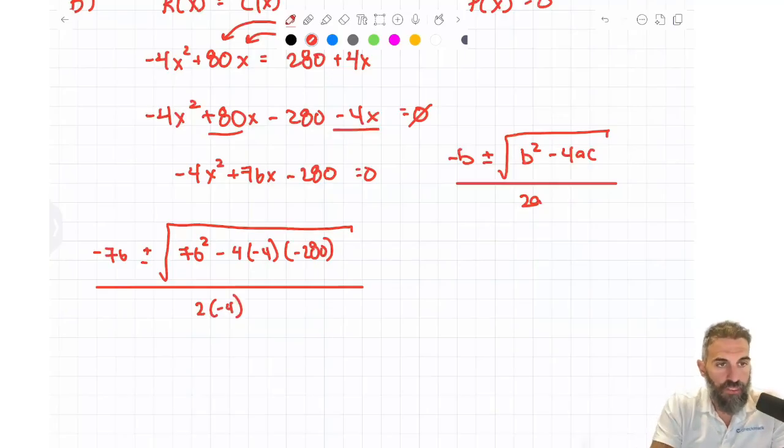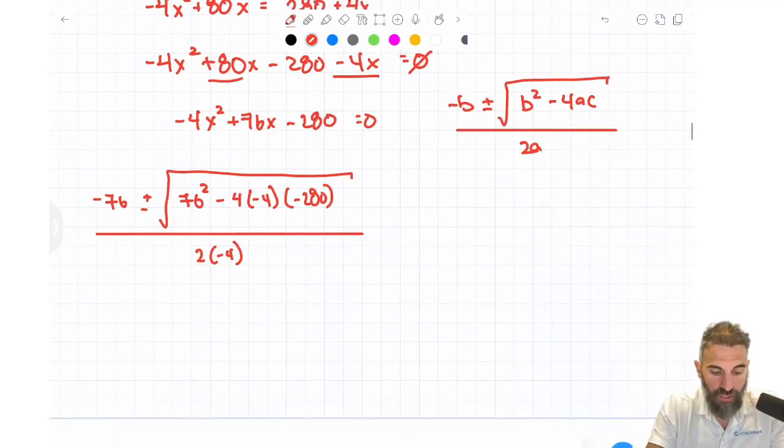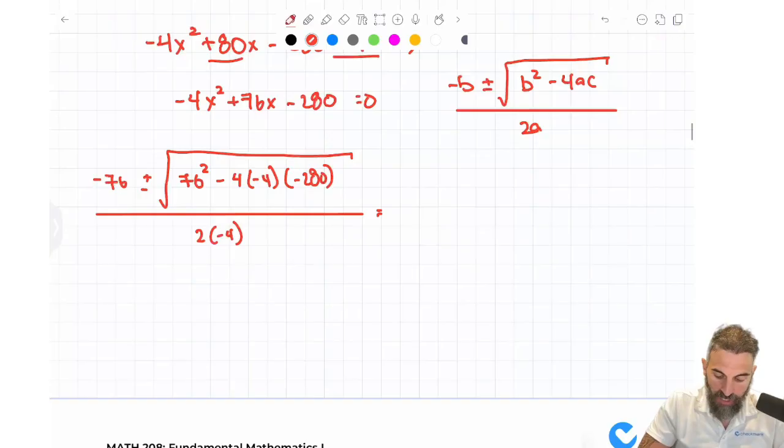Great. Let's start with inside the square root, so 76 squared minus 4 times negative 4 times negative 280. 1296, and then we're going to square root that. 36. Okay, it just makes it easier to do it one bit at a time. So now I have negative 76 plus or minus 36 over negative 8.